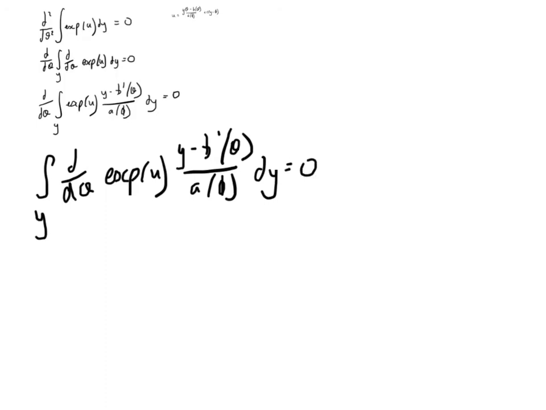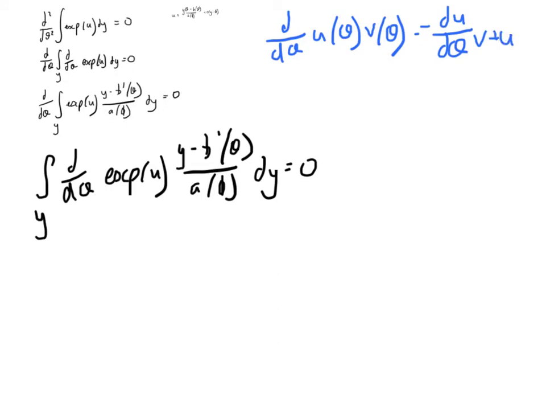And we can notice here that we're working with the product rule: d by d theta of u of theta times v of theta is equal to du by d theta multiplied by v, plus u multiplied by dv by d theta.